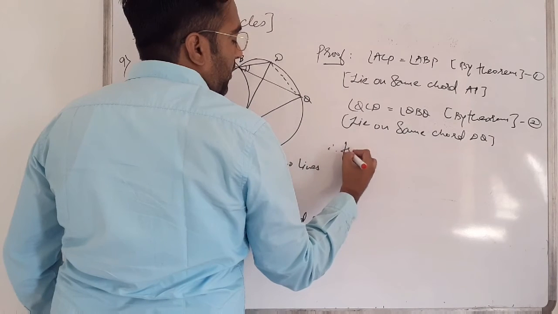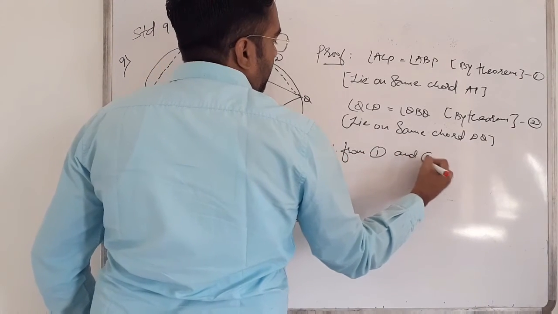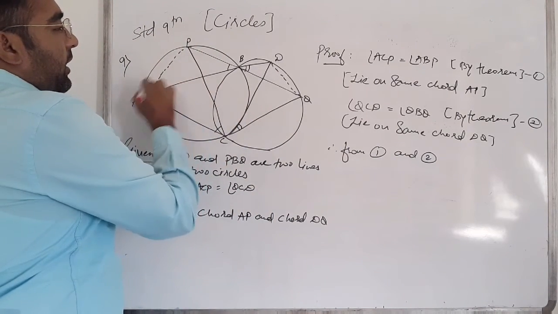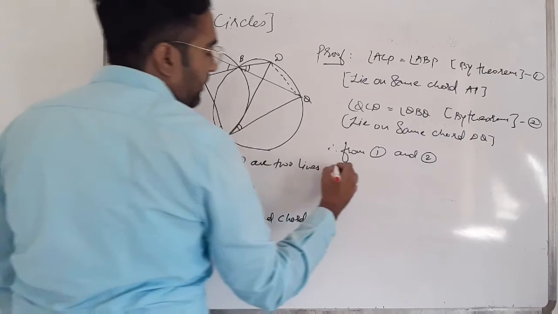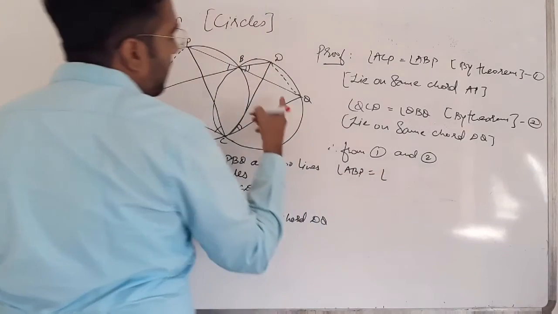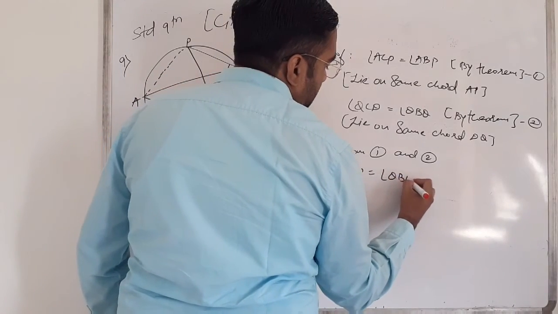So therefore, I'll give this as equation 1 and this as equation 2. From 1 and 2, angle ABP is equal to the angle QBD. Why?